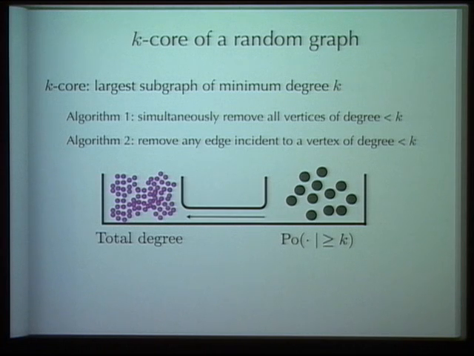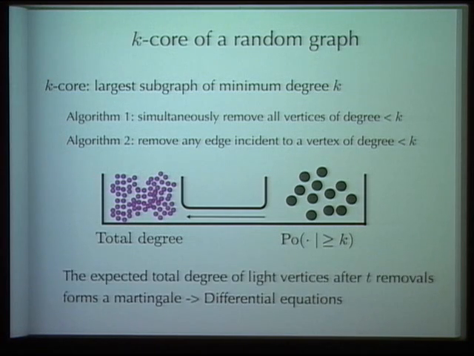And this is everything I need to write down a martingale for the expected number of light vertices on the left. So this martingale allows me now to model this as a fluid model, take differential equations, and figure out whether this thing will actually hit 0 before something is remaining on the right or not.